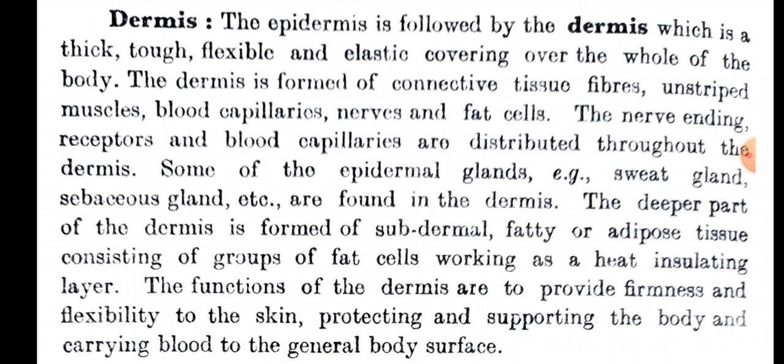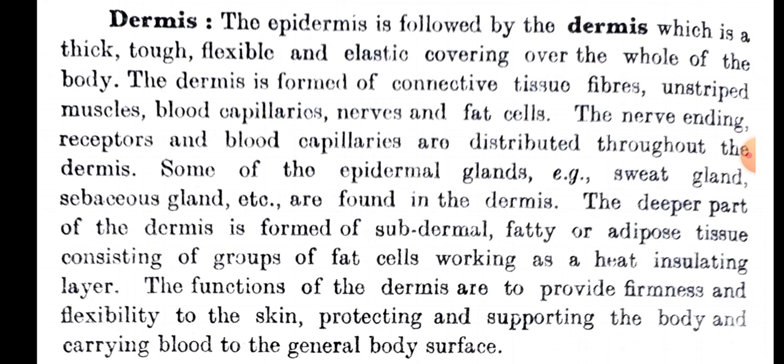Some of the epidermal glands, for example sweat gland, sebaceous gland, etc., are found in the dermis. The deeper part of the dermis is formed of subdermal, fatty or adipose tissue consisting of groups of fat cells working as a heat insulating layer.